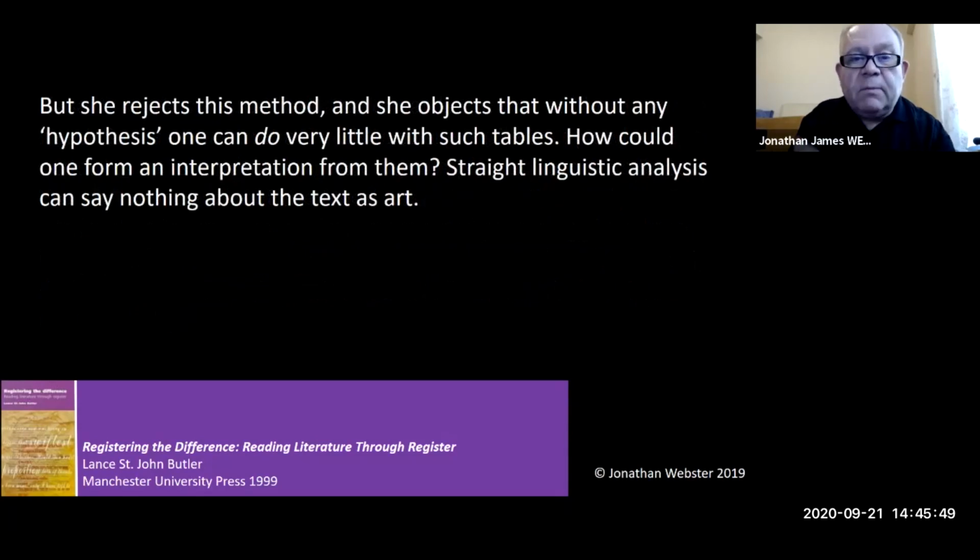But she rejects this method. And she objects that without any hypothesis, one can do very little with such tables. How could one form an interpretation from them? Straight linguistic analysis can say nothing about the text as art.